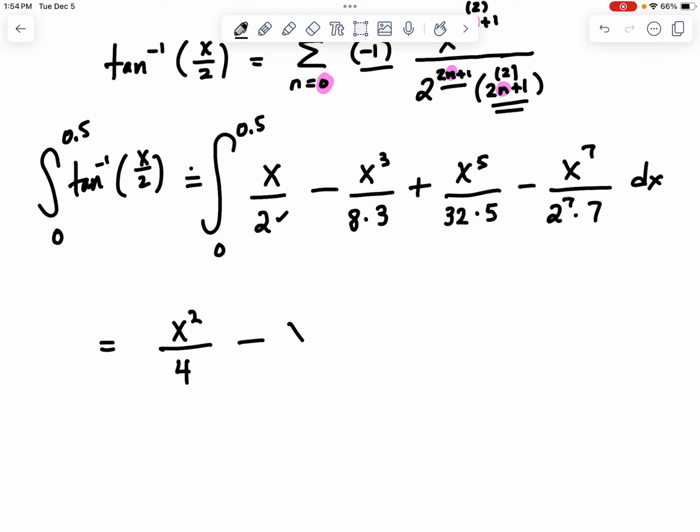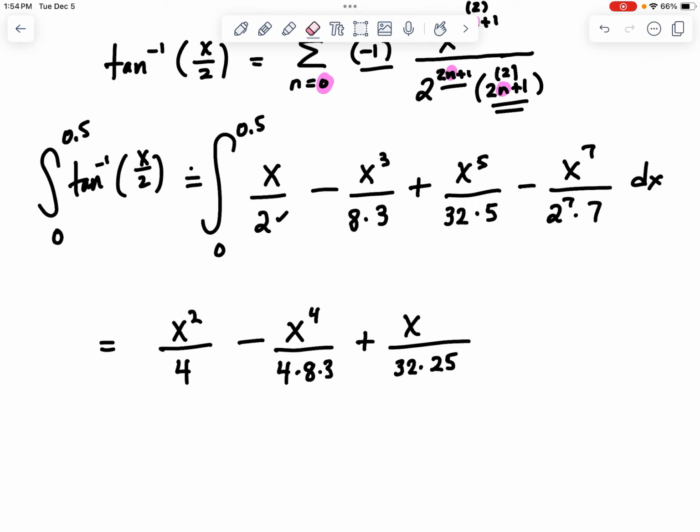And next is going to be x to the 4 over 4 times an 8 times a 3. And then x to the 5 over 5. So if you put an extra 5 down there, that's going to be 32 times 25. And then, oh, hold on, I almost made a mistake.